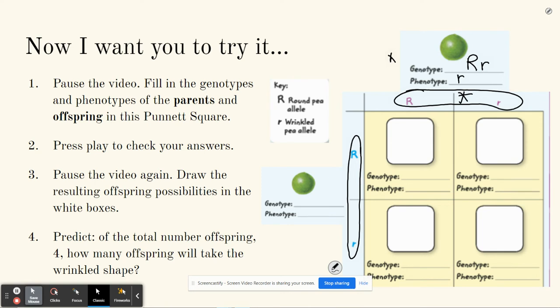So I have a round pea. And my second parent over here, I once again have a big R and a little r. And same as on top, my phenotype is going to be a round pea. Okay, so now it's time to drop down the top, bring the side over for each of these.